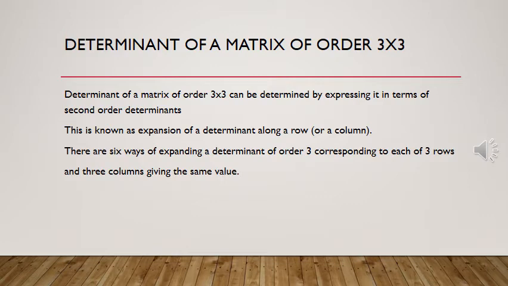We can show that the value of the expansion in each case is the same. So it is enough to expand the determinant along any one row or any one column. The answer will be the same. Now let's see how we can do it.